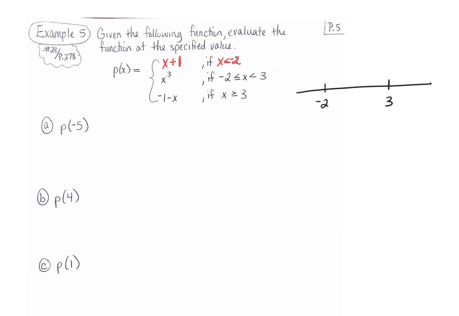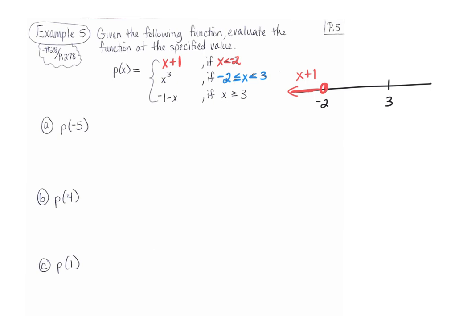If x is less than negative 2, notice that it says less than, so that means you have an open circle. If it's less than negative 2, then the function that we use is x plus 1. If we are between negative 2 and 3, notice that this is a less than or equal to, right?